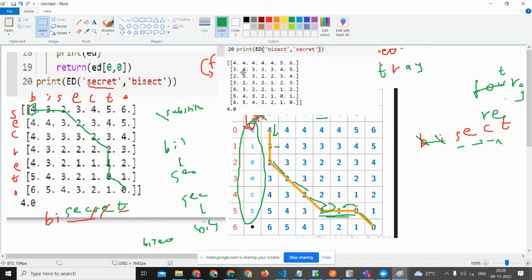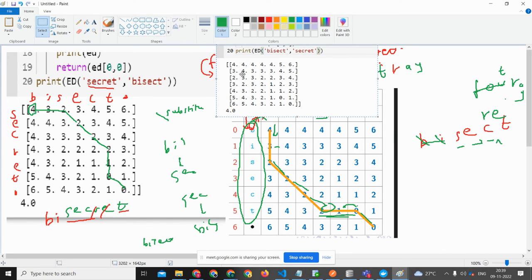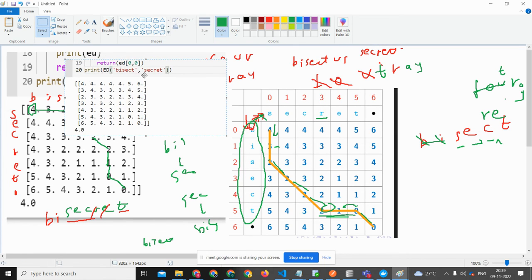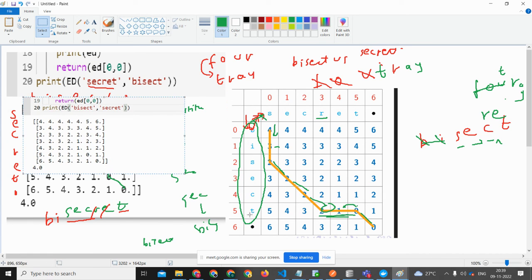Did it clear your doubt, or am I still confusing you? As per the example, bisect is on the left, right? You're referring to the example given. Bisect is on the left, so the one on the left will be changing.